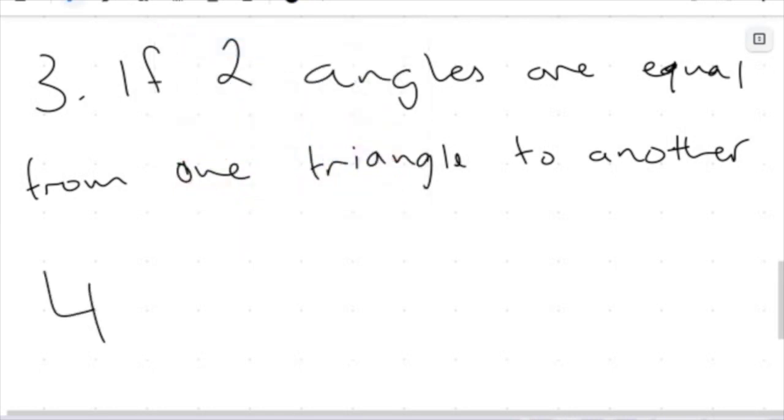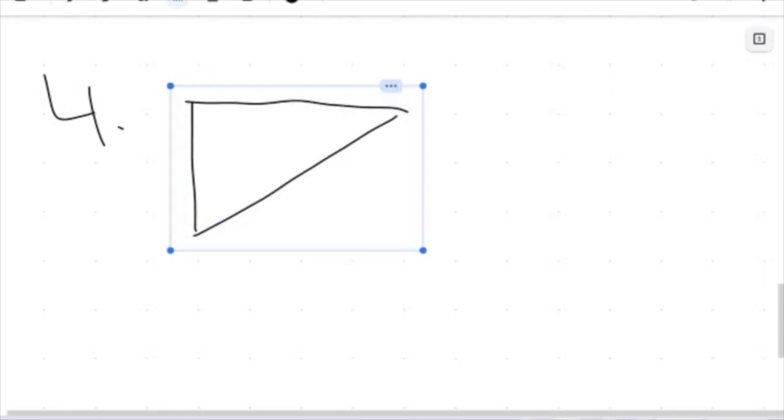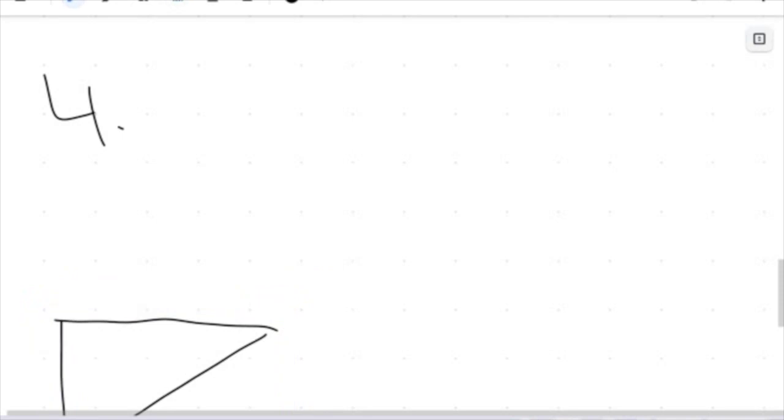So the fourth, and this is similar to one of the ones from our previous videos on congruence. This is, let me draw this down because I have to write the wording.